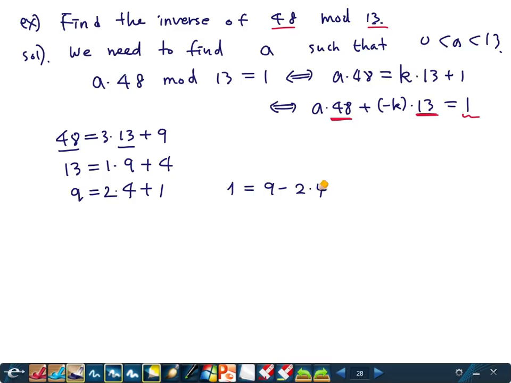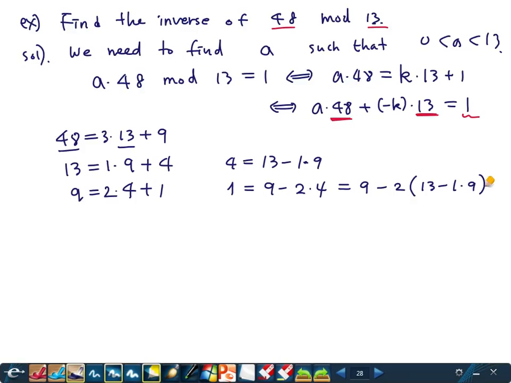We are doing exactly the same thing. Now what is 4? 13 minus 1 times 9. So here, we can replace 4 by 13 minus 1 times 9.